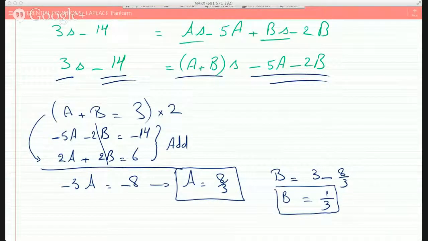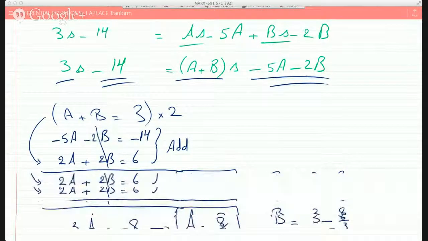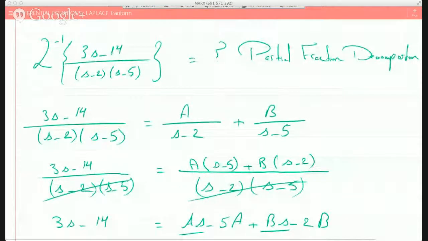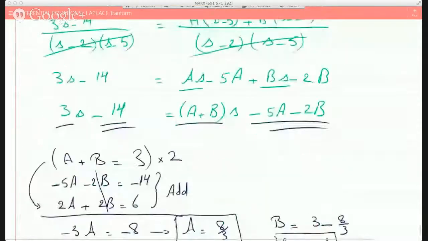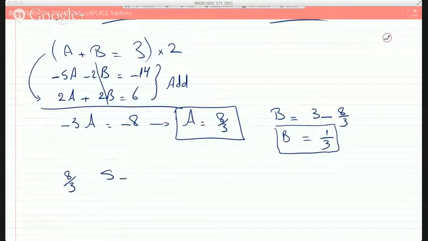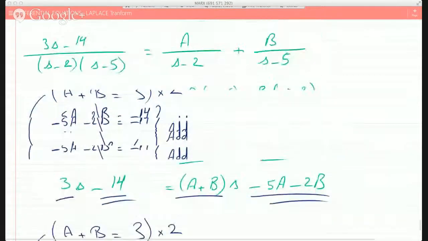Okay, so now our original fraction becomes A over s - 2. So that's 8/3 times 1 over s - 2. And the second one is B over s - 5.